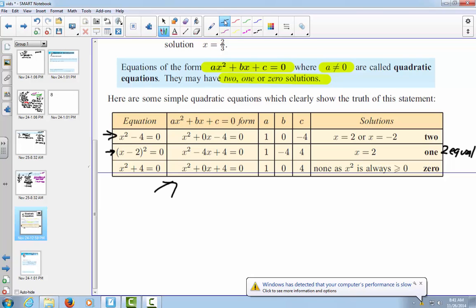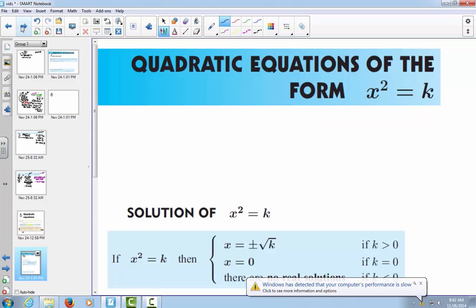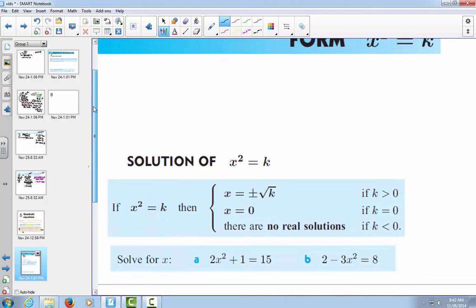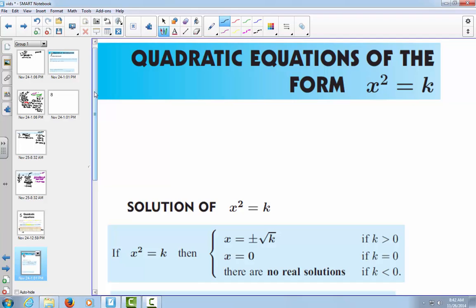Now, quadratics of the form x squared equals k. What's happening is we normally have ax squared plus bx plus c equal to 0.